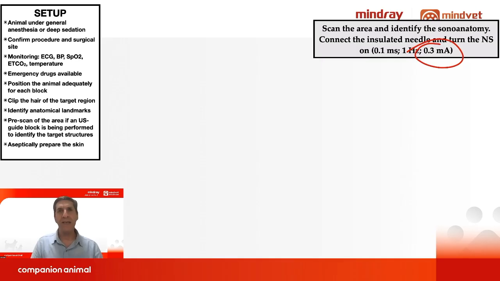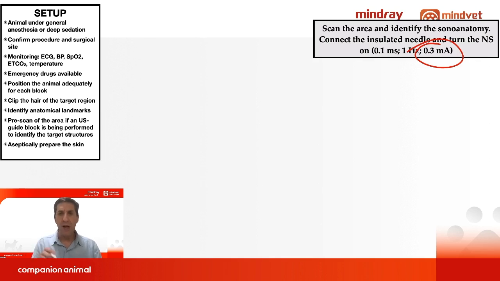Why 0.3? Just because we want to detect if the needle touched the nerve, but we don't want movement on the screen during the approach.